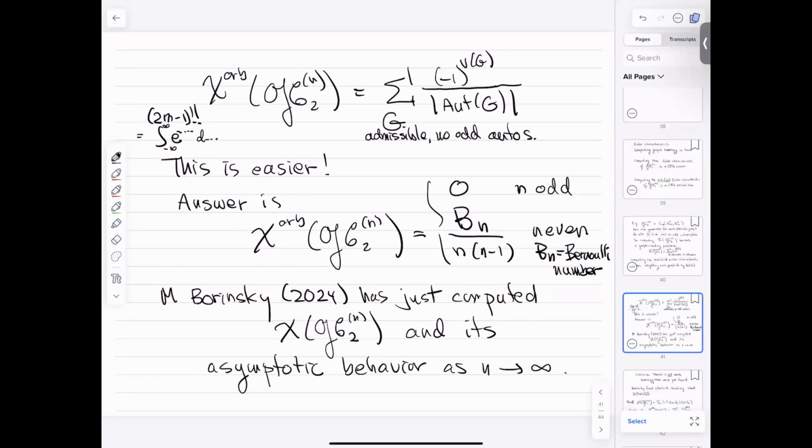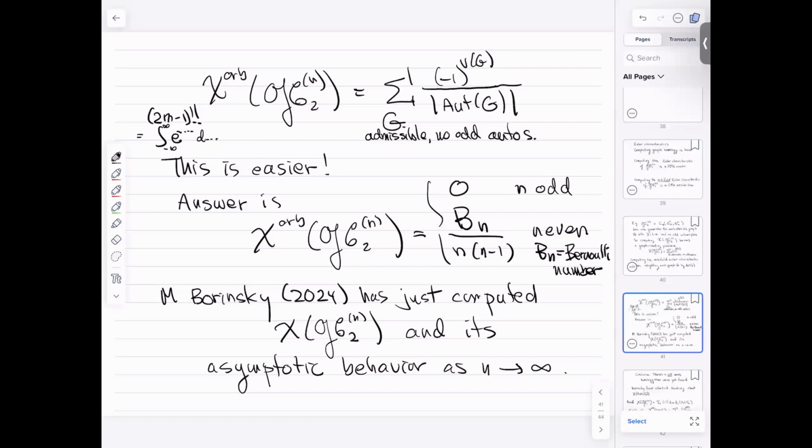I've been talking basically about ancient history for a long time now, but I'd like to point out that a couple of weeks ago, Michael Borinsky, who's a physicist, just computed the actual Euler characteristic of GC2. And he also figured out its asymptotic behavior as n goes to infinity.